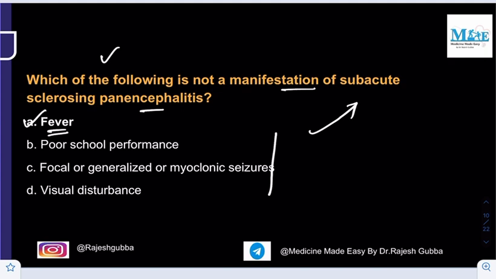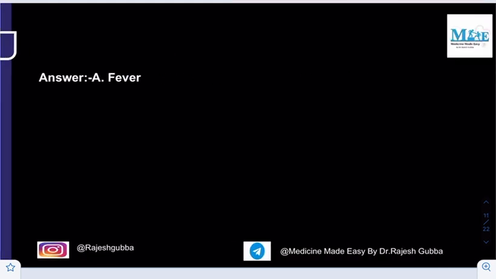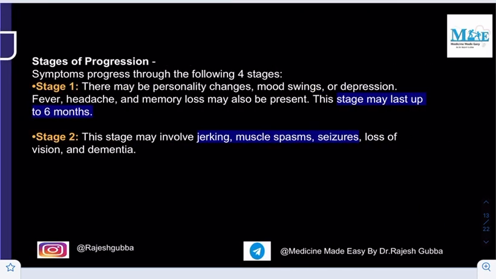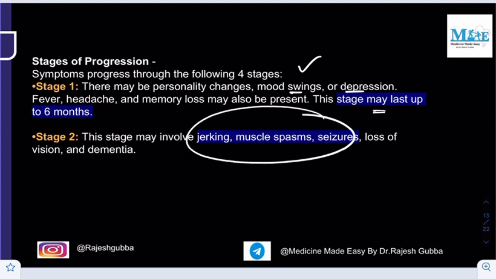In SSPE we have a total of 4 stages of manifestations. Stage 1 lasts for nearly 6 months, and the presentation is usually in the form of mood swings or depression. Stage 2 is characterized by jerky movements, muscle spasms, seizures, and even loss of vision.